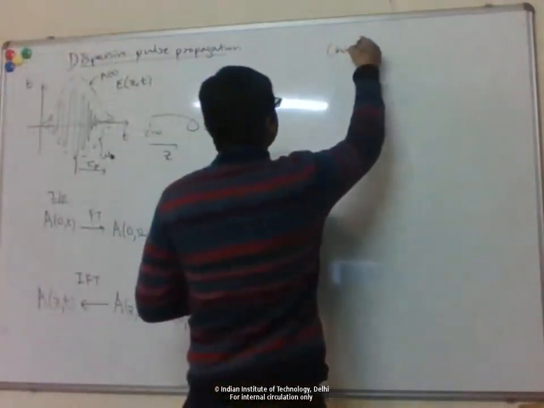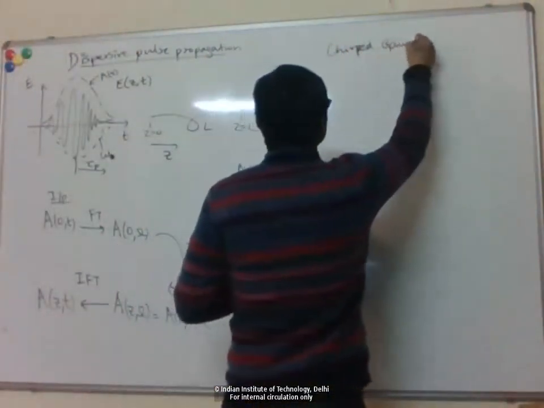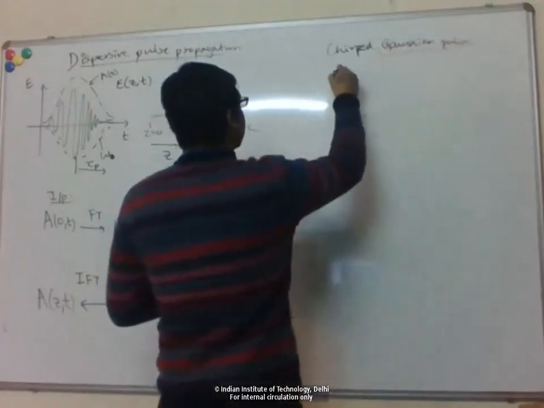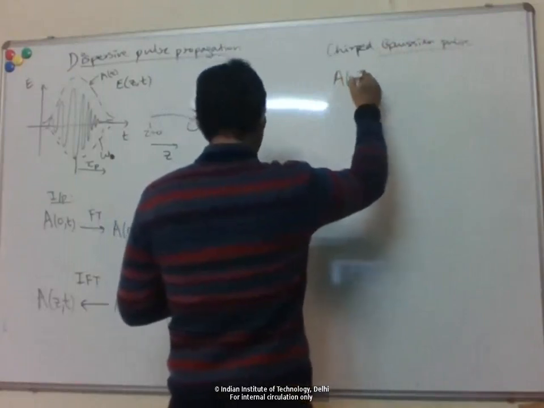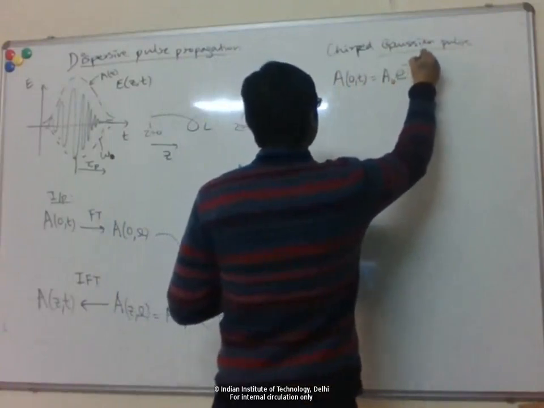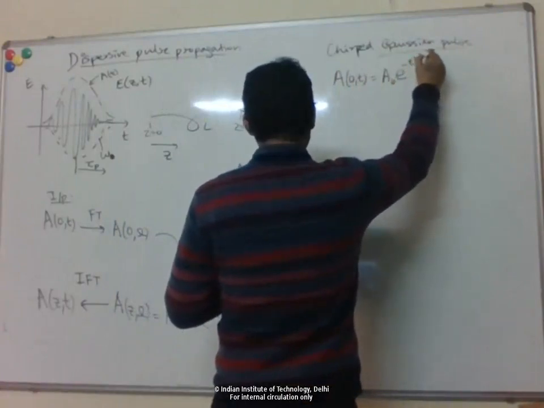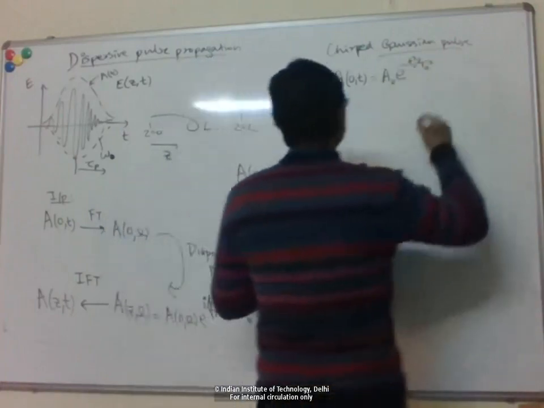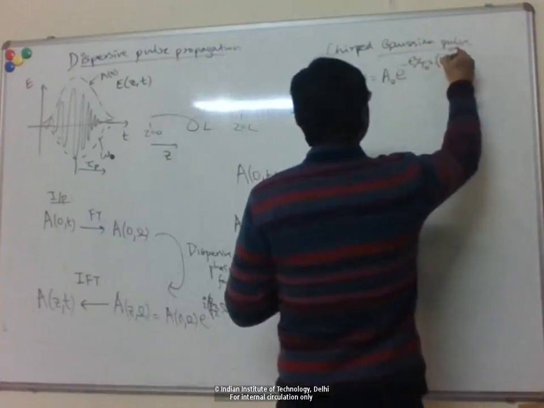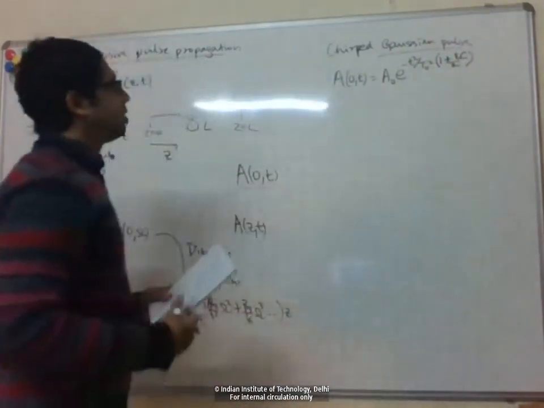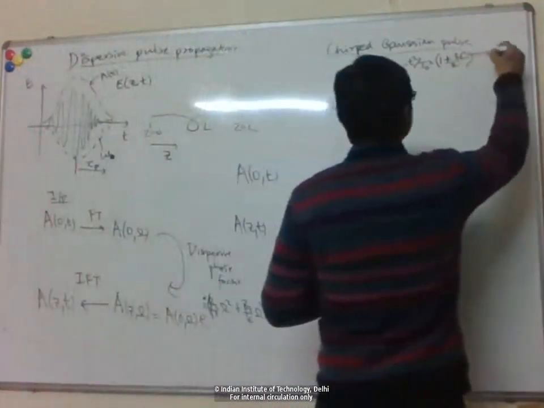Okay, so a general chirped Gaussian pulse I can write as, so this amplitude. As we saw, this would be an unchirped pulse, but if we include a phase factor here, like that, this capital C here is the chirp parameter.